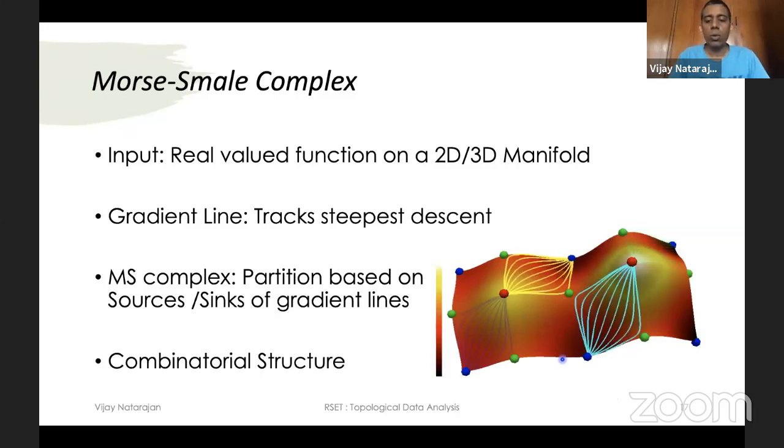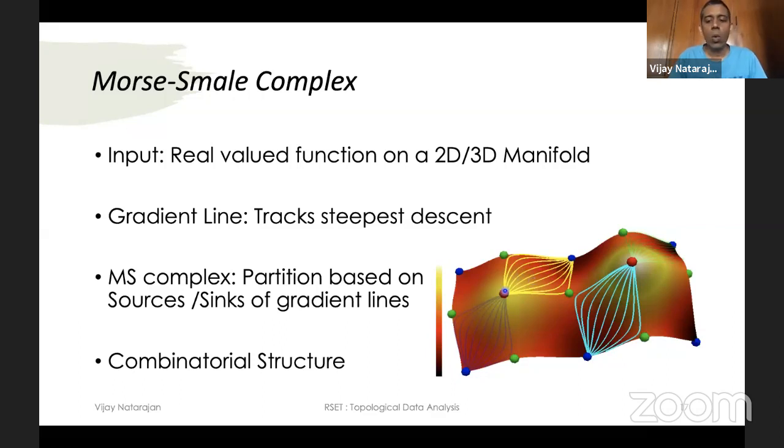For example, all the gradient lines that go from this maximum towards this minimum are yellow in color. I collect all of them and call that one cell in my Morse-Smale complex. In this case, the yellow curves, there are an infinite number of them. I just show a finite number, but there are an infinite number of these gradient lines. I collect them and I actually get a two-dimensional cell.